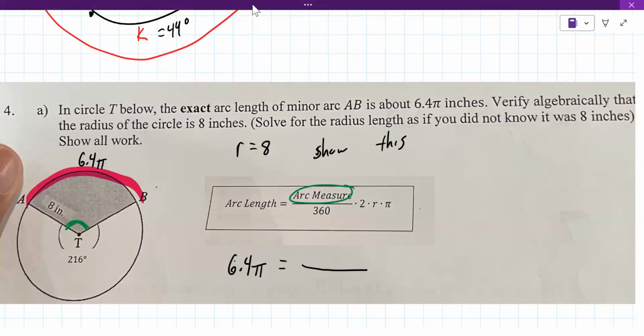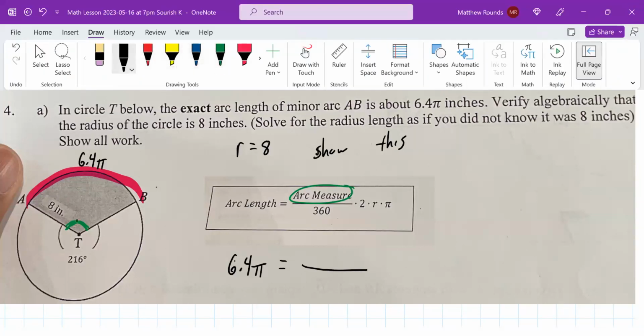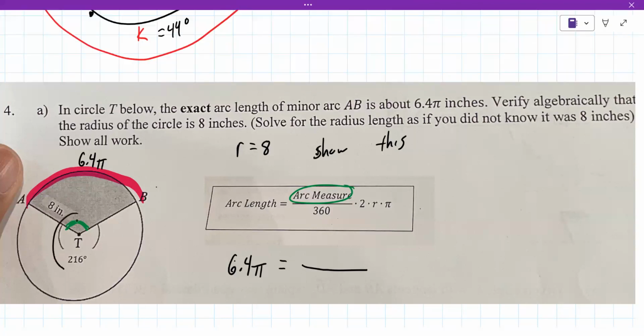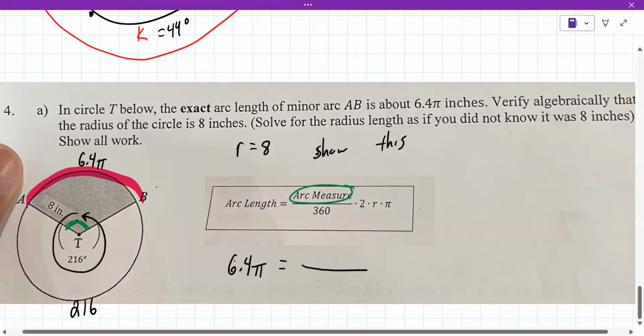But how many degrees are in a circle? If you go all the way around, how many degrees do you have? 216. Well, that's the other side. But 216 plus X equals 360.